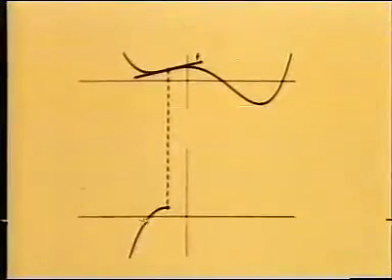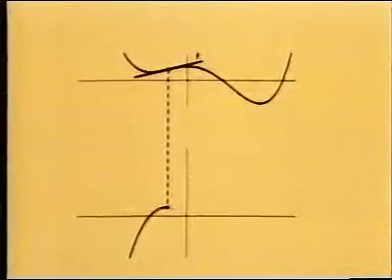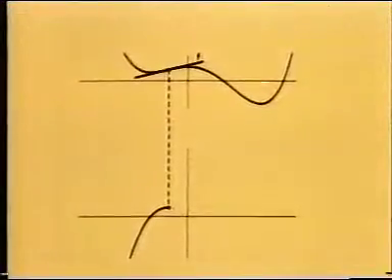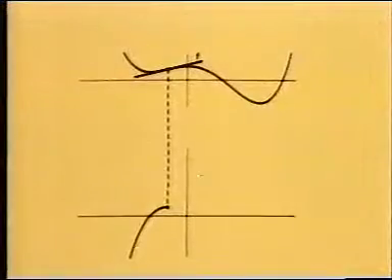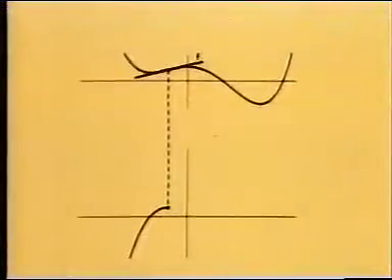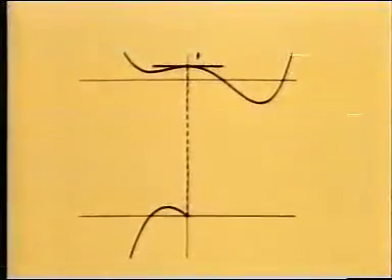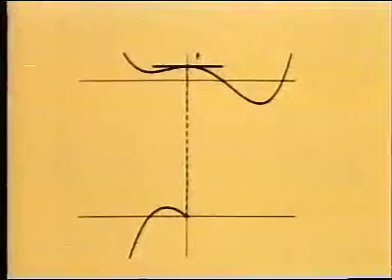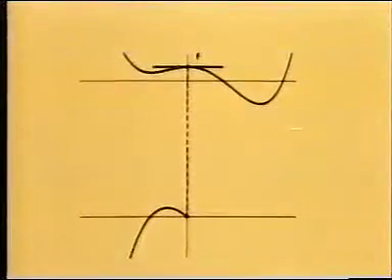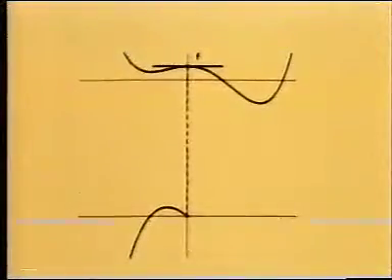Now the function is increasing. The tangent line has a positive slope, and the graph of the derived function is above the x-axis. The tangent is horizontal again. The graph of the derived function intersects the x-axis.